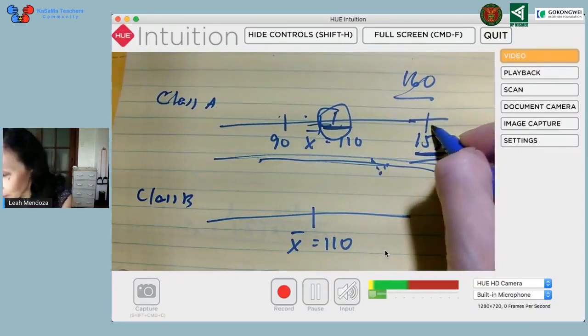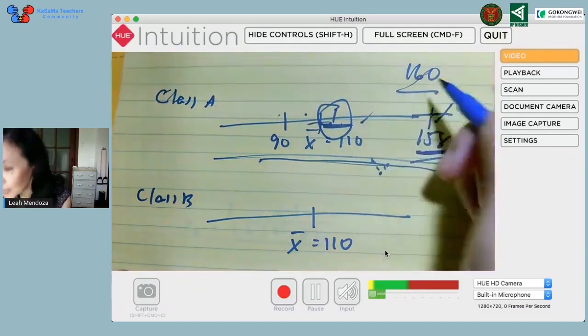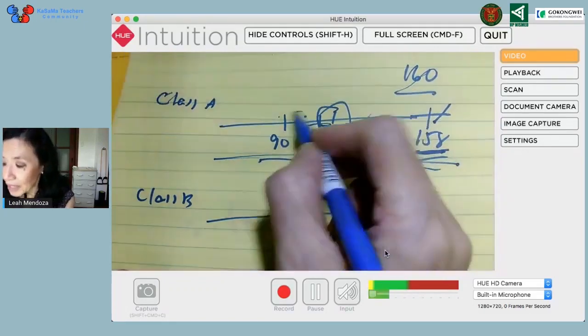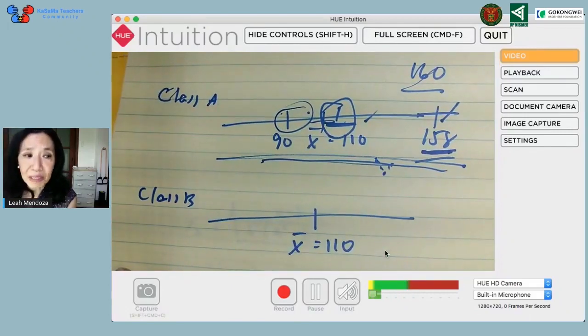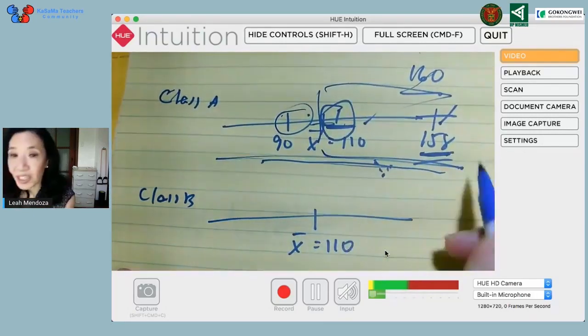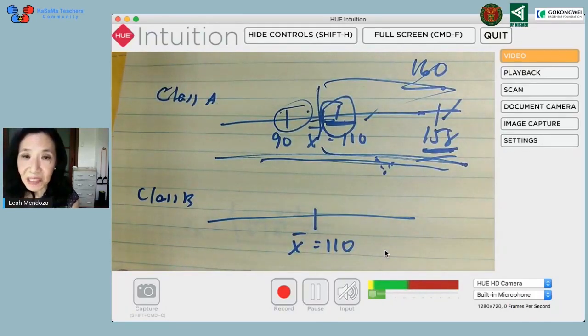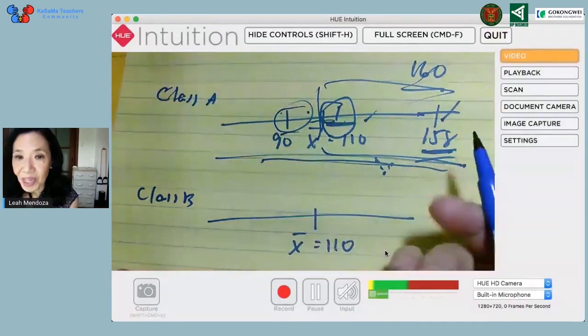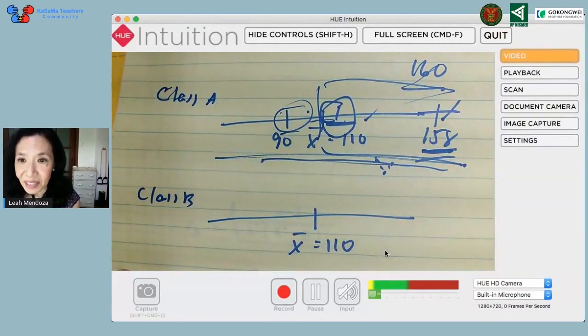Now, these ones may understand it already. These ones may understand it after the second time, for sure. But this one, you will need to repeat a third time, a fourth time. And what happens? These ones are already talking. They're not listening to you anymore because they know it. So they're making noise in class, while these ones are still struggling to understand the lesson.